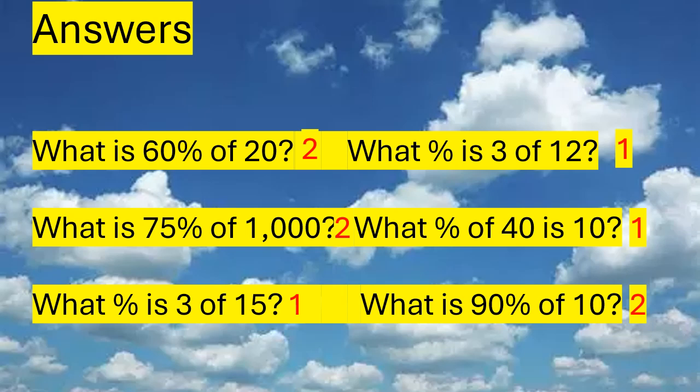The answer is going to be a number. What percent of 40 is 10? That's a type 1. The answer is going to be a percentage. What percent is 3 of 15? That's also a type 1, and that's also going to be a percentage. And what is 90% of 10? That is a type 2, because the answer will be a number.